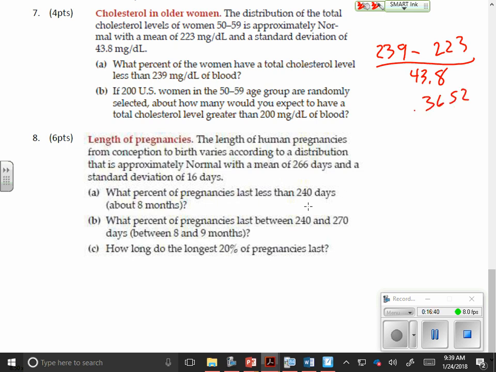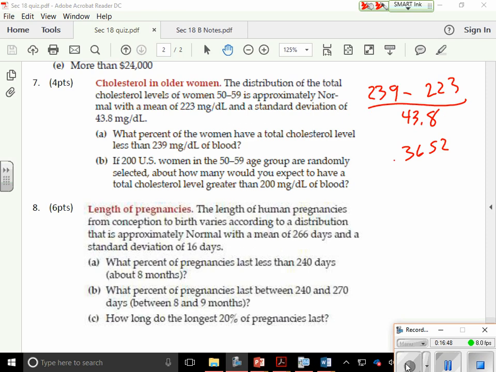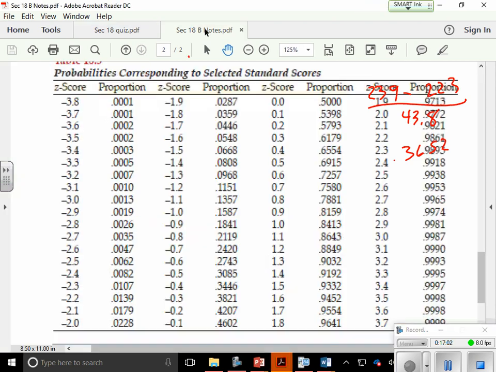So take that over to your Z-score chart. 0.3652. If we go to the Z-score chart and find the Z-score of 0.3652.